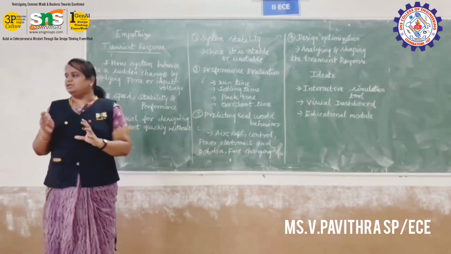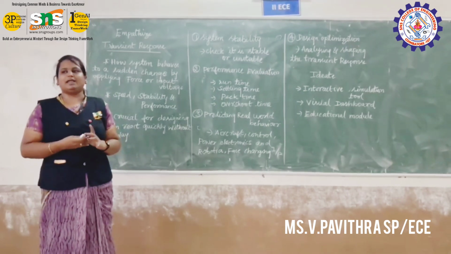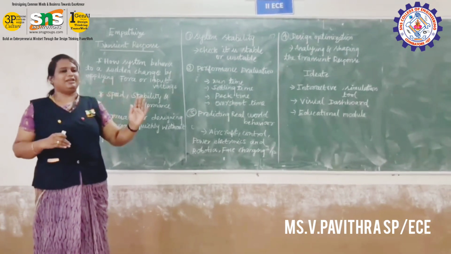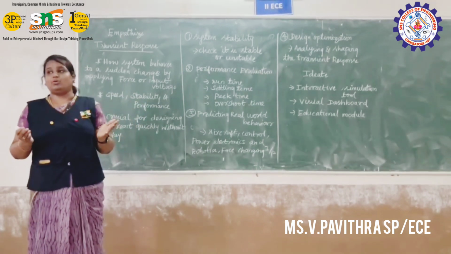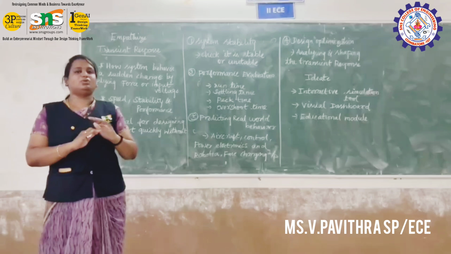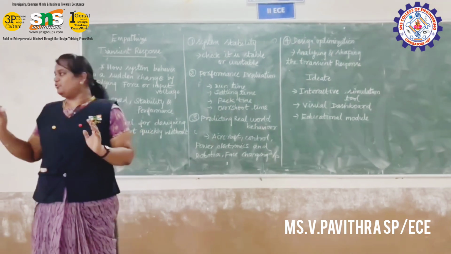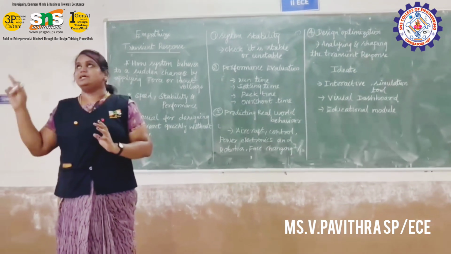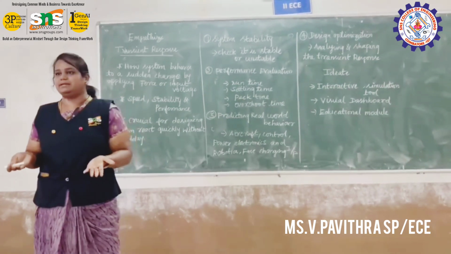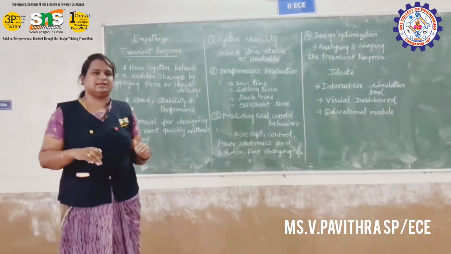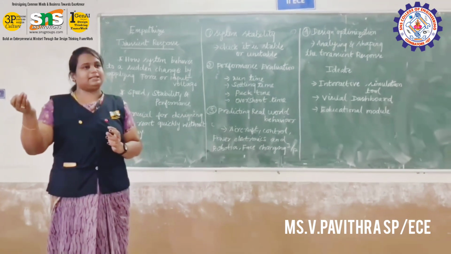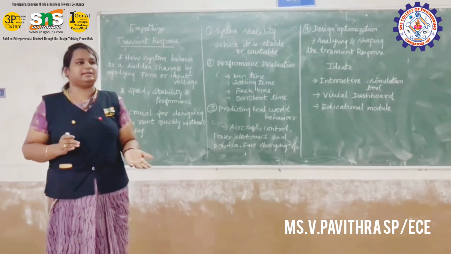If you switch on the light and there is no flickering, a high brightness, it means there is no transient. If there is a transient, automatically the brightness of the bulb will increase and decrease.